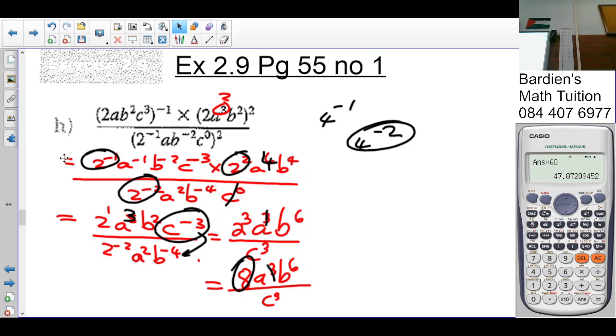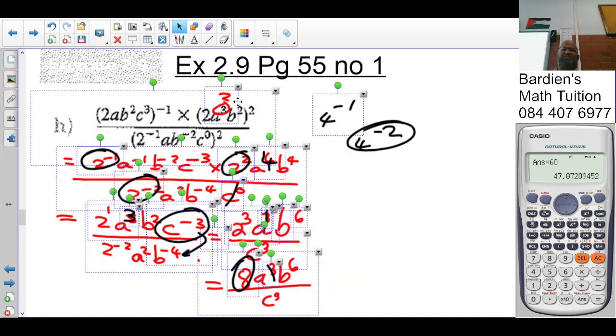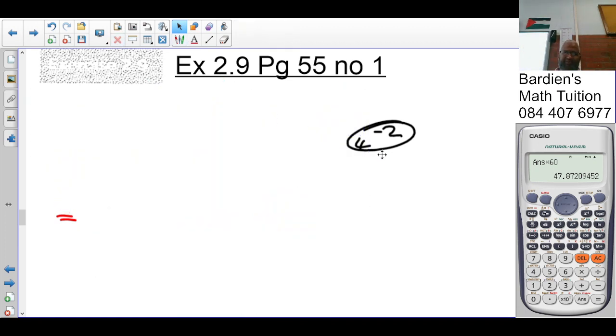Anybody else want to share where they went wrong with H? People, you must tell me where you went wrong, please, and I can explain to you where you went wrong. So this section is going to be tested in the exam, exponents again. Very important.